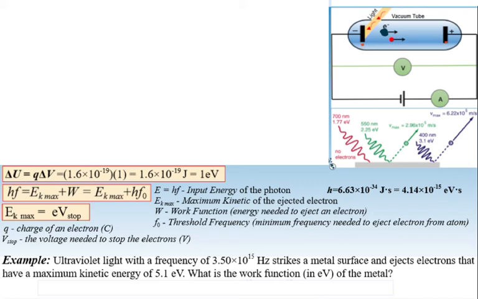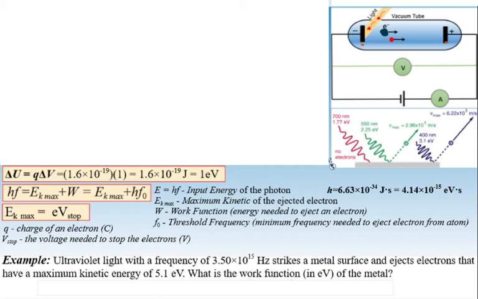This means that the voltage across the plates is acting as a stopping energy to stop the electron traveling from one side to another. And that voltage is called the stopping potential.